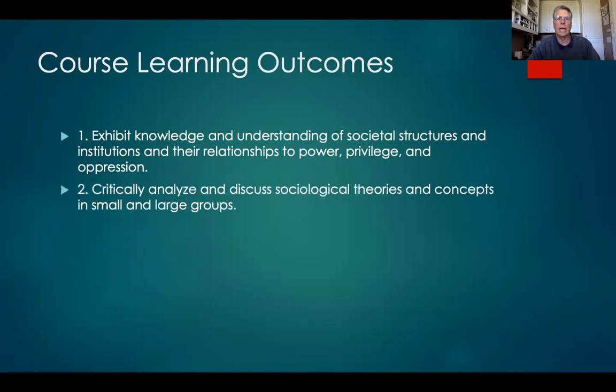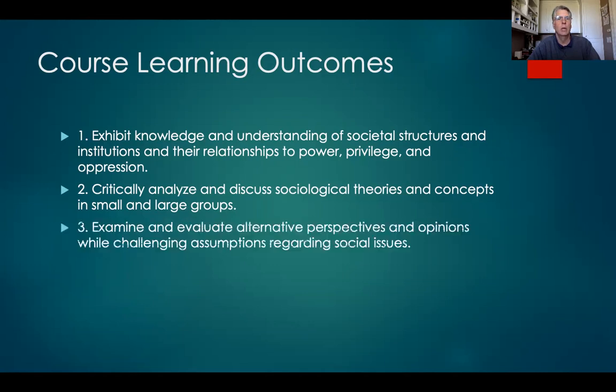And then critically analyze and discuss sociological theories and concepts in small groups and large groups. So when we Zoom, we'll have small groups and we'll have large groups. I'll create some breakout sessions in our Zoom. Also examine and evaluate alternative perspectives and opinions while challenging assumptions regarding social issues.